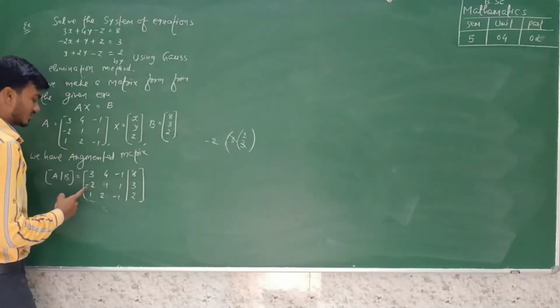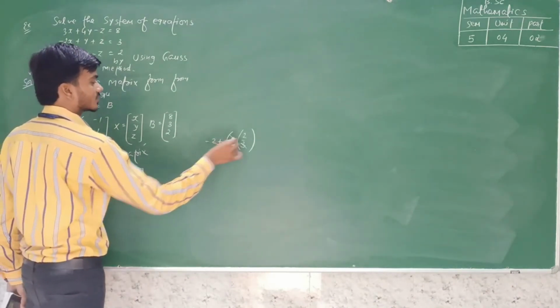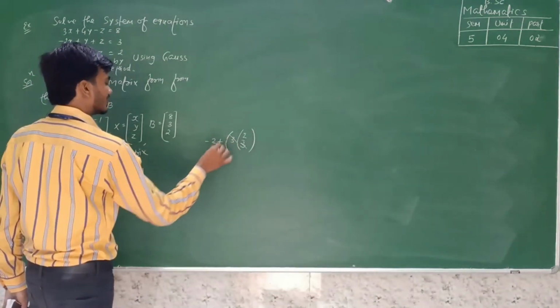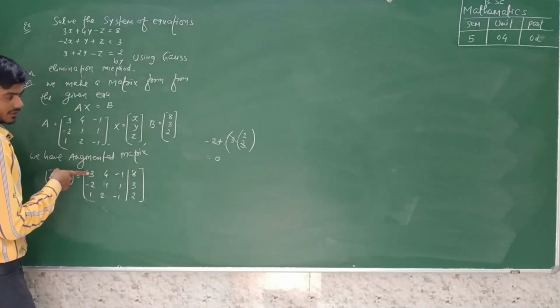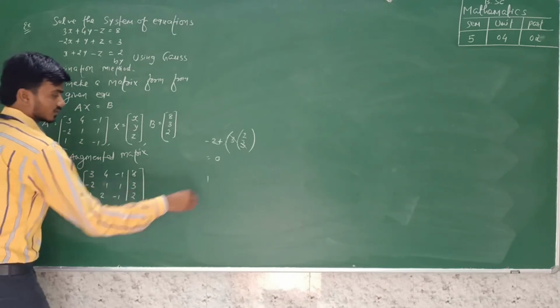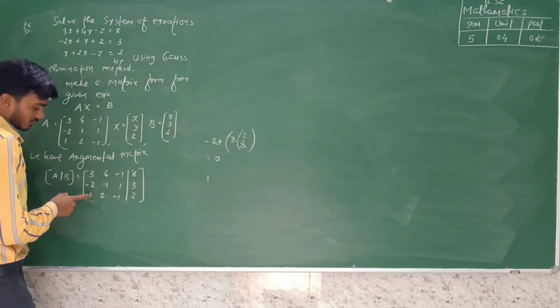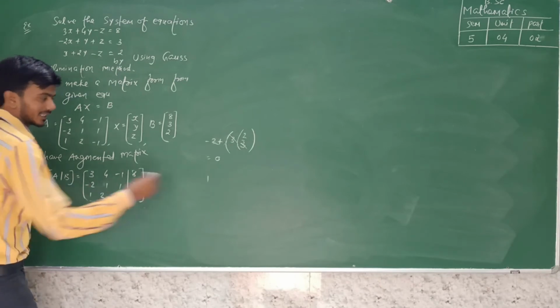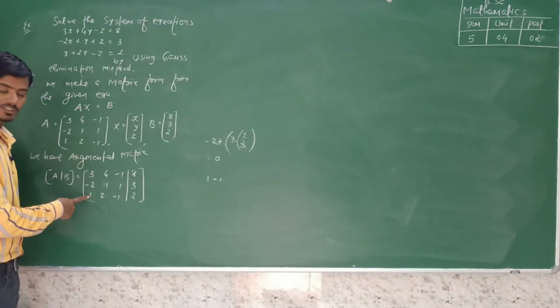Minus 2 plus 2, that means these elements become 0. Same here: plus 3, and the first element of the third row is 1. So how do we make this element 0? Plus 1 is there, and minus 1 will be added, so this element becomes 0.